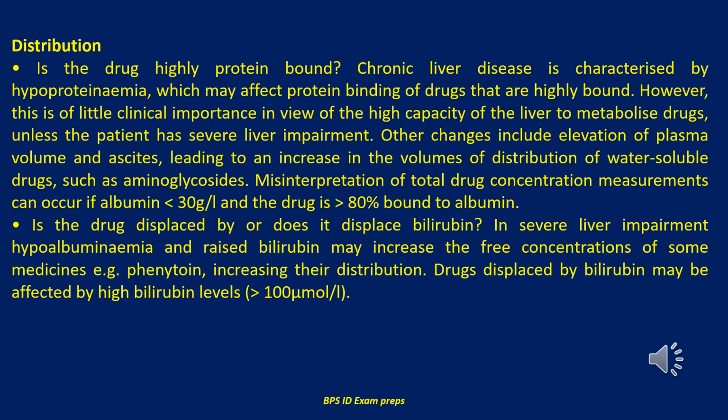Is the drug displaced by or does it displace bilirubin? In severe liver impairment, hypoalbuminemia and raised bilirubin may increase the free concentrations of some medicines, e.g. phenytoin, increasing the distribution. Drugs displaced by bilirubin may be affected by high bilirubin levels above 100 micromoles per liter.